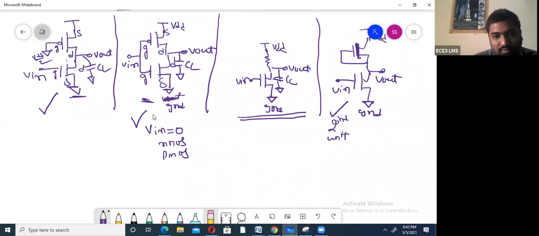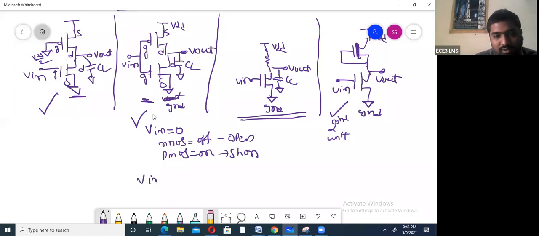NMOS is off, PMOS is on. NMOS is cut off or open, PMOS is short. Then the output is connected, a path is formed between VDD and output, and capacitance CL will be charged.